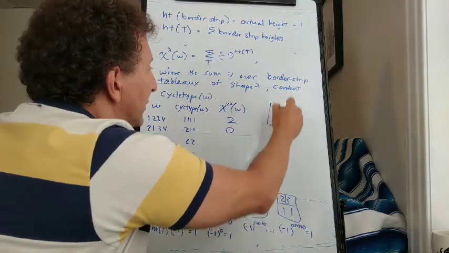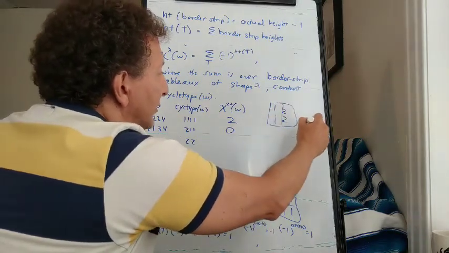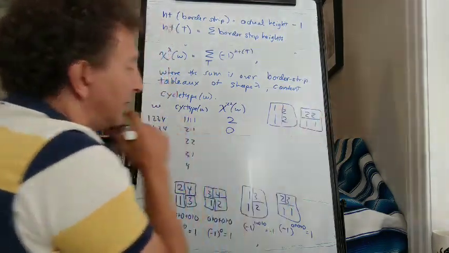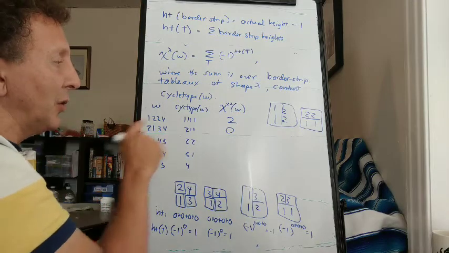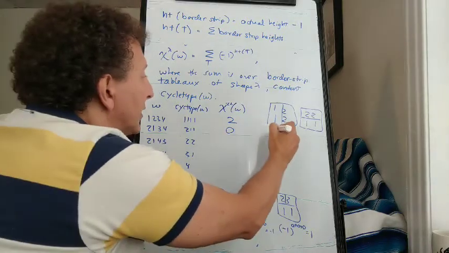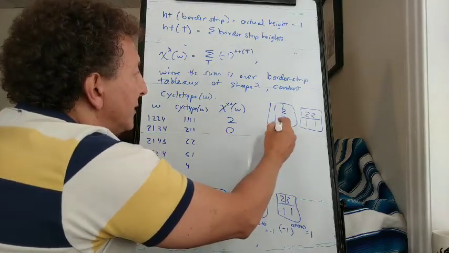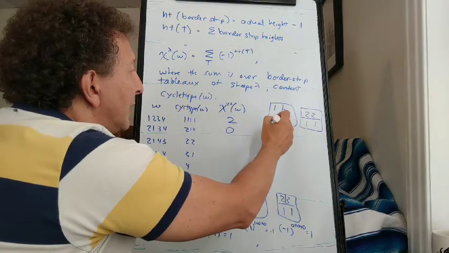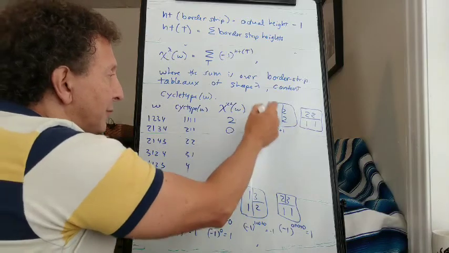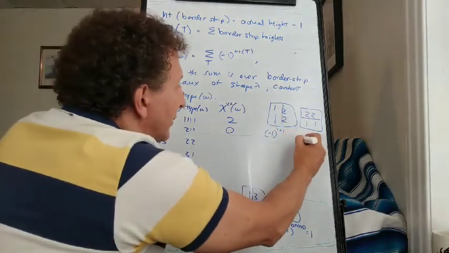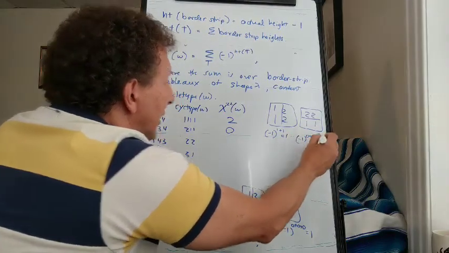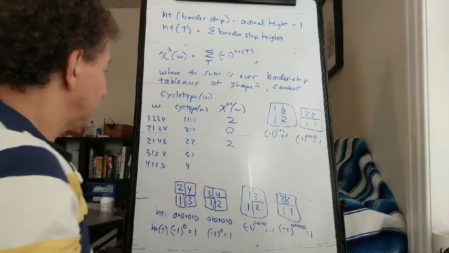Putting those in border strips, we either have the 1s and 2s in a column together or in a row together. That's the only way we can do it, so that rows and columns increase weakly. So here we've got a contribution of negative 1 to the height 1 plus height 1, which is 1 less than what we see here, 2 and 2. And then here we've got negative 1 to the 0 plus 0. In both cases we get 1, so the contribution is 2.